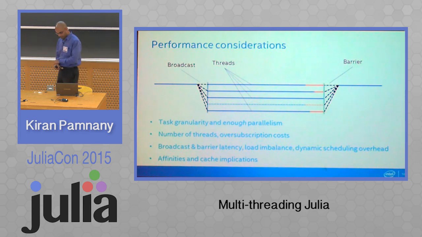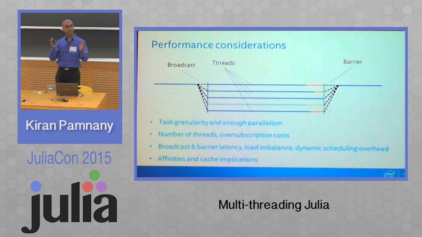Task granularity. So this is actually kind of a very long discussion again. So very briefly, how fine-grained your tasks are when you are parallelizing some code is pretty critical when it comes to how those tasks are distributed among threads.